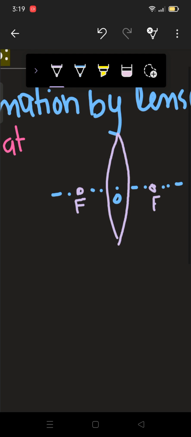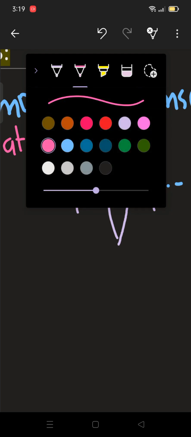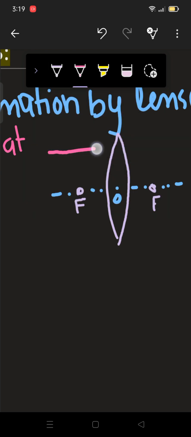So if the object is placed at infinity, where would the image be formed? We know that if the object is placed at infinity, the rays reaching the lens will be parallel to the principal axis. So here we have parallel lines.